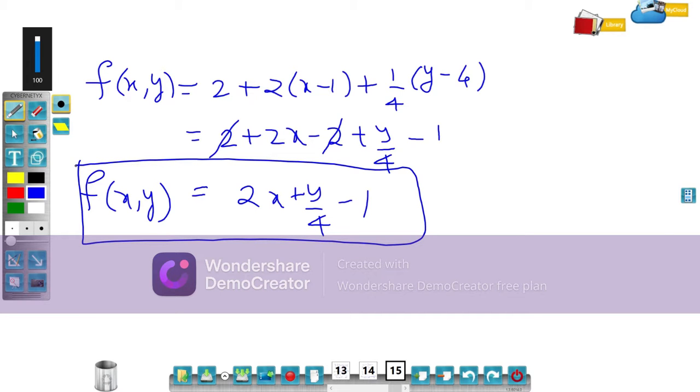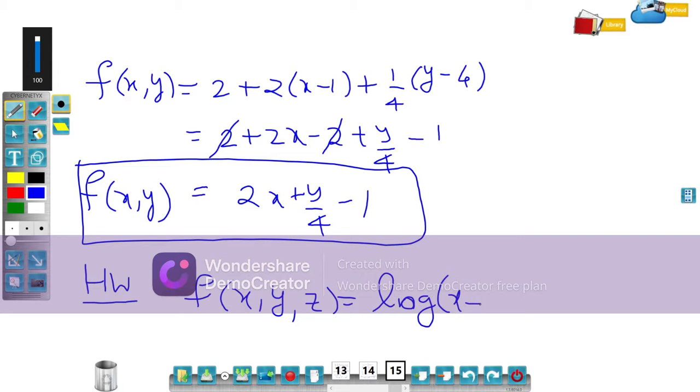So there is a quick homework: you can find the linear polynomial of f(x, y, z) equal to ln, that is log, (x minus 3y plus z) at (7, 2, 0).